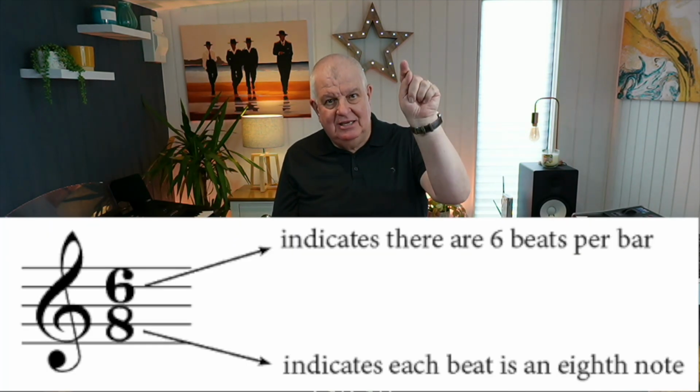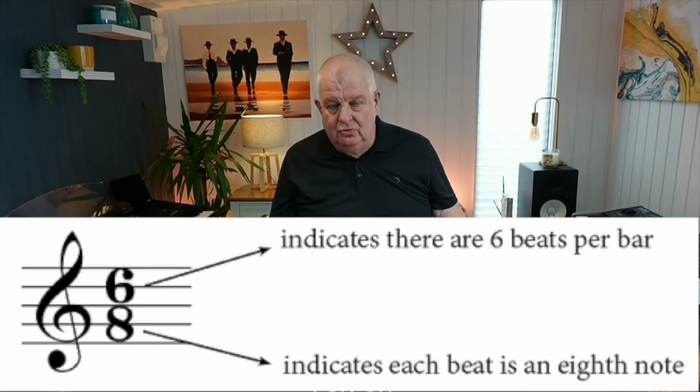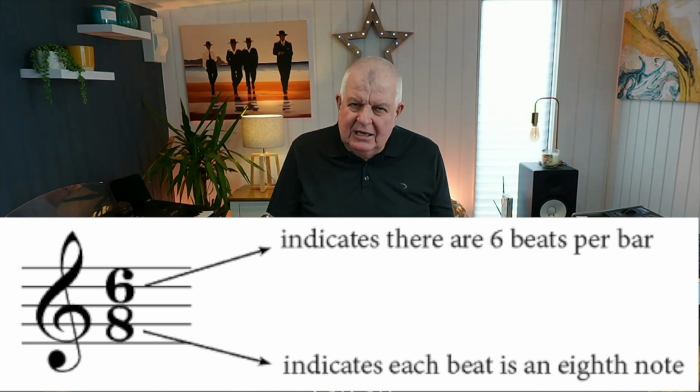Okay, why is this important? Well, in this video, one of the key things I want to look at is a compound time signature. Paul's going to put up a time signature which is called 6/8, and as it suggests, we're counting 6 eighth notes per bar. 6/8 is not exactly common, but it is used quite a lot, and there's quite a lot of different music which uses compound time signatures.